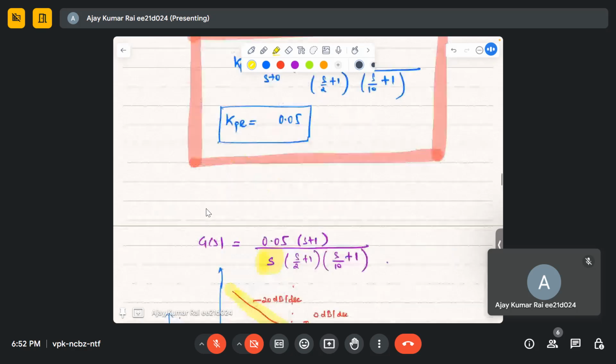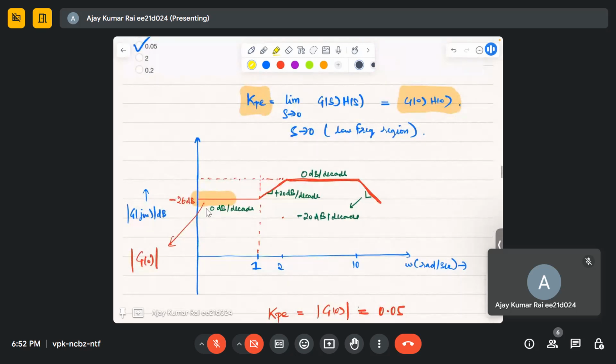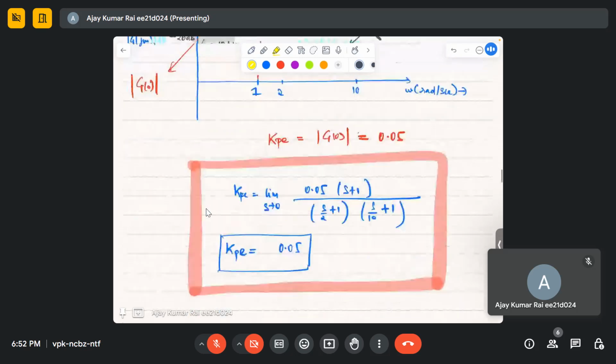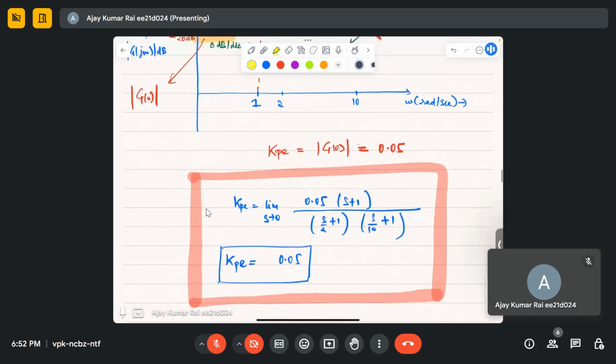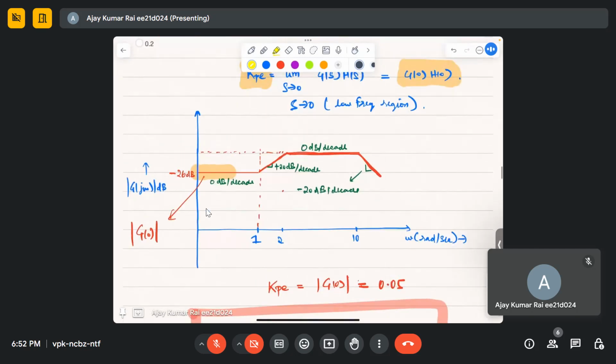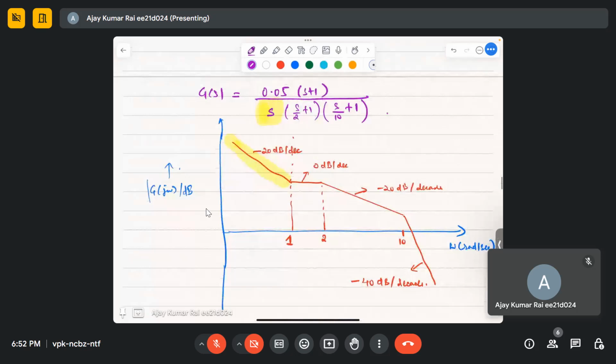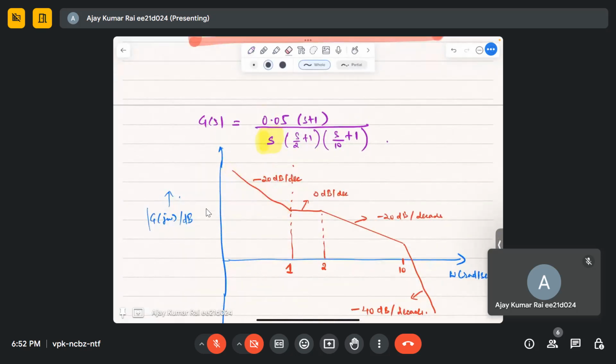In the previous case it is equal to 0 dB per decade. That's why we don't have any s term. That's why it's a type 0 system. Let me again highlight here: type 0 system, and here it is type 1 system.